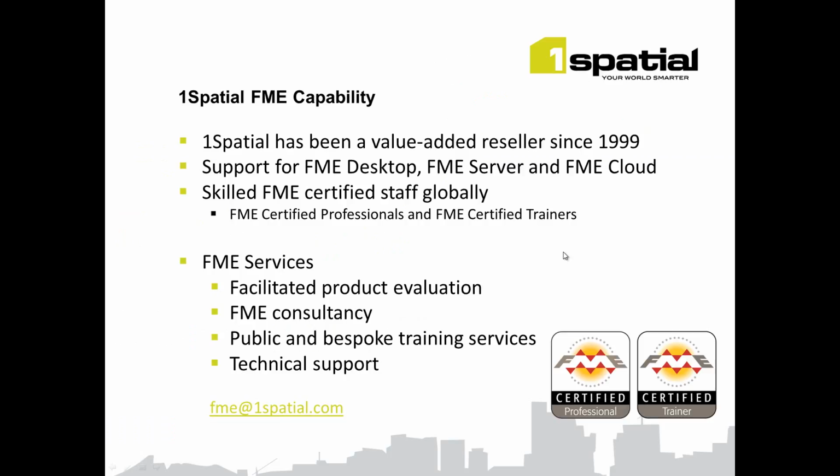We have capability globally around the FME technology stack, so that's with all three products. That's FME Desktop, FME Server and FME Cloud. We've been a value-added reseller for a long time now, since 1999. Safe themselves have been an organisation since around 1994, so we very quickly realised that what Safe were doing was very interesting and wanted to look at working with them, and have had a successful partnership for a long time.